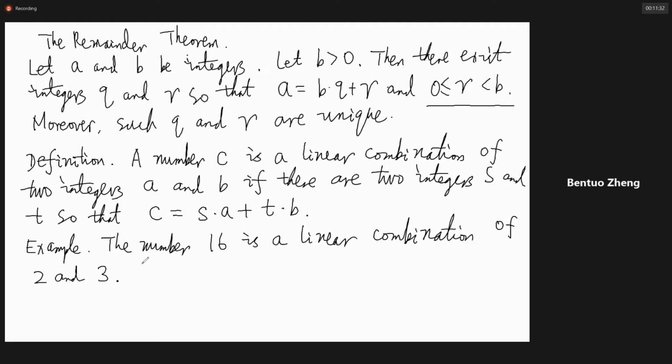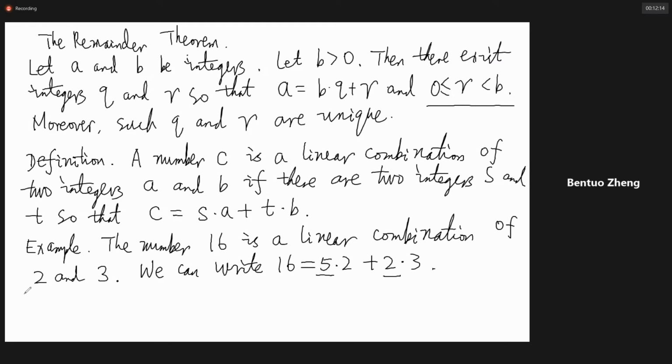We can write 16 as 5 times 2 plus 2 times 3. So here, this 5 is S and 2 is T. Okay, so this is clear.